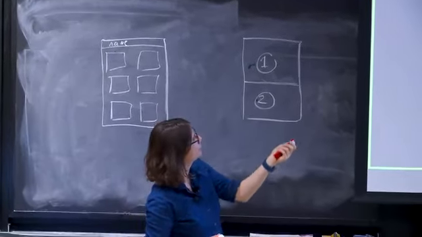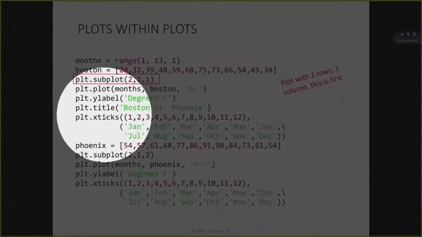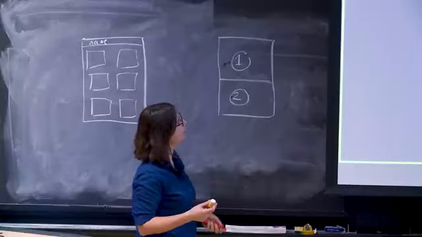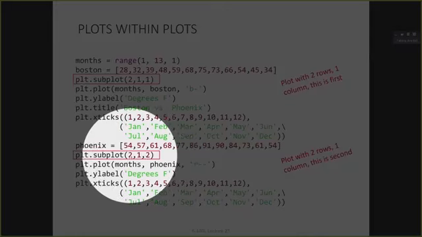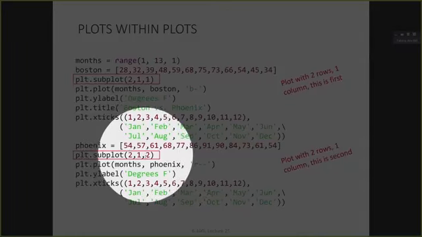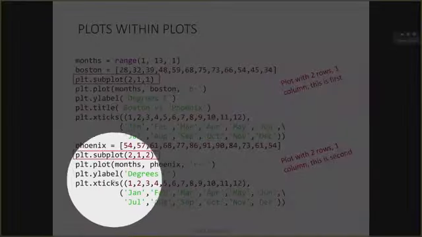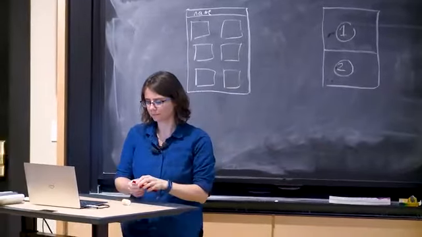So we're going to add to it the Boston temperature. So all the plotting commands and all the labels and everything after it belong to this top subplot here. And then the subplot command down here tells Python that on this figure with 2 rows and 1 column, I would like to now open position number 2 for editing, and then everything that I have thereafter gets added to the subplot at this position.